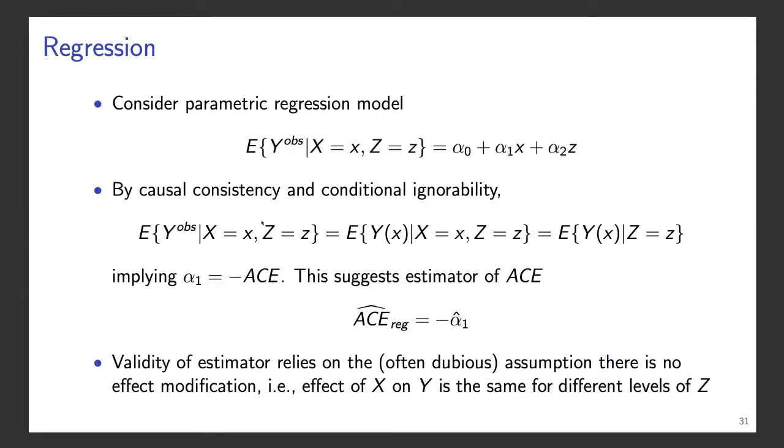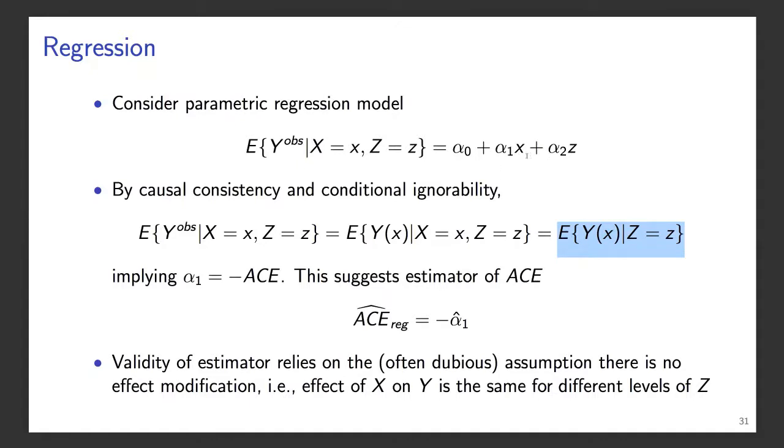By causal consistency and conditional ignorability, it follows that on the left-hand side of this expression, you can replace Y obs with the potential outcome Y of x, because we're conditioning on X equals little x. And then by conditional ignorability, we can drop this term. So you can interpret the left-hand side as the counterfactual mean of Y of x, given you're in the stratum defined by Z equals little z.